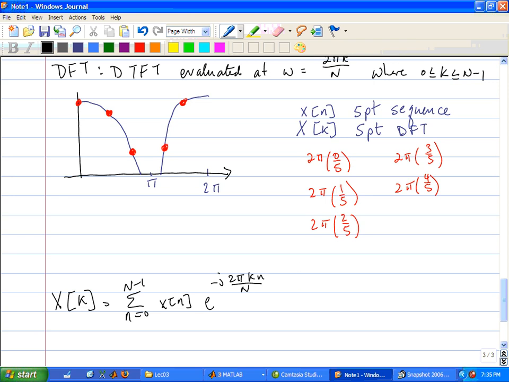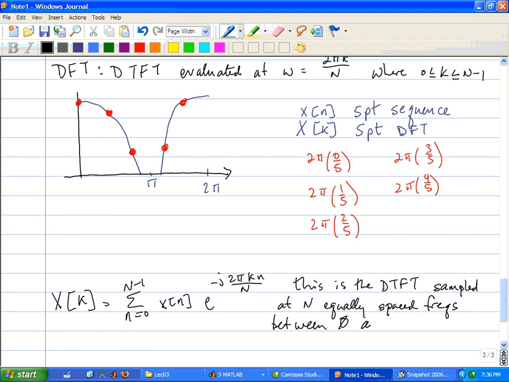And in words, this is the DTFT sampled at N equally spaced frequencies between 0 and 2 pi rads per sample.